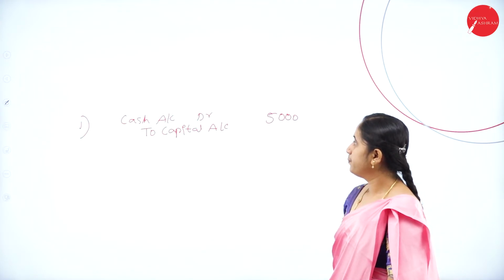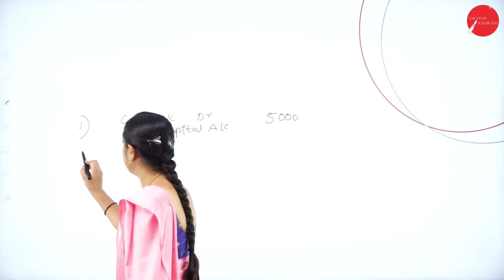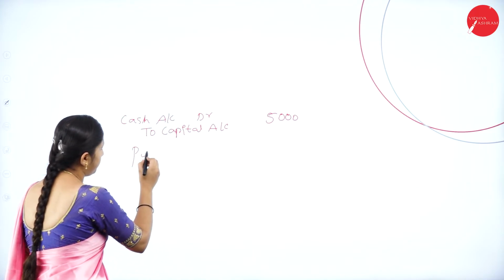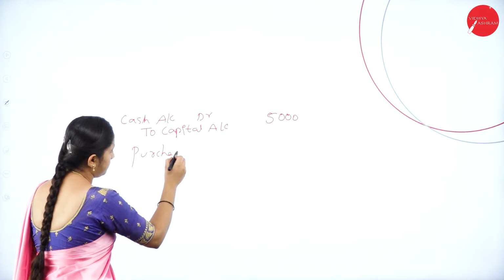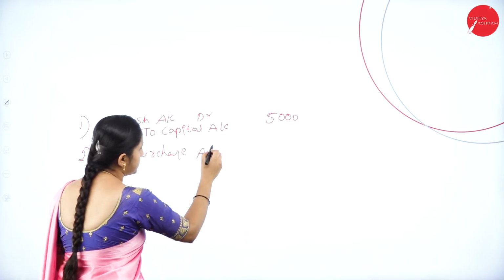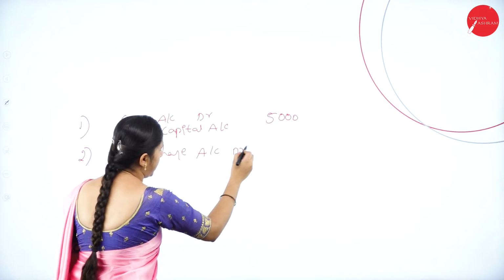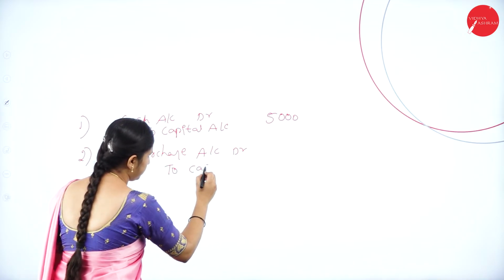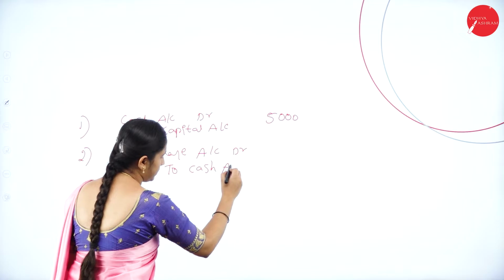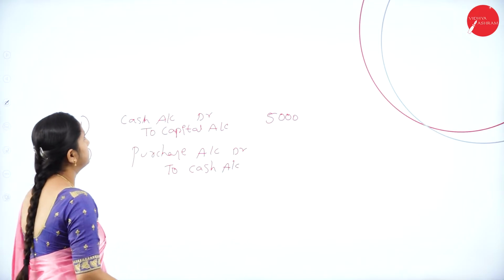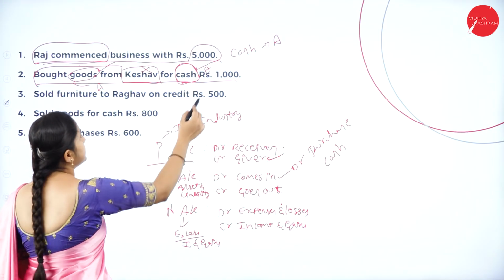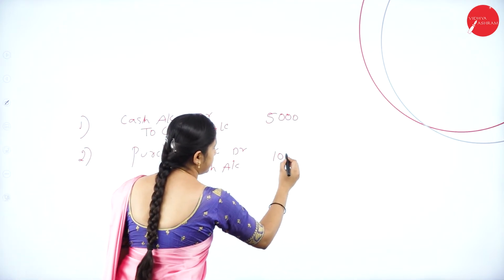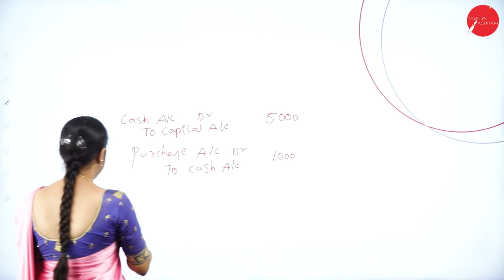So, purchase account debtor to cash account of rupees 1,000.